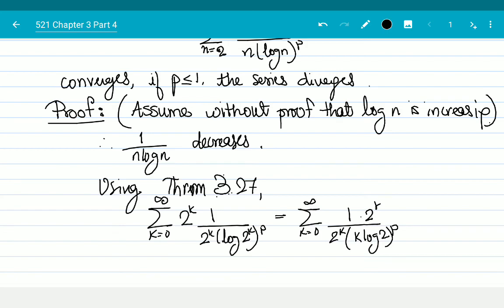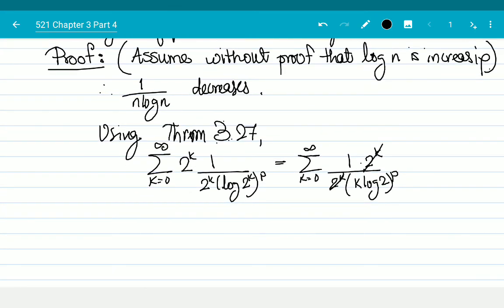Times 2 to the k, and these two cancel. So this is equal to, well, log 2 to the p is a constant, right? So this becomes 1 over log 2 to the power p, summation k is equal to 0 to infinity 1 over k to the p.